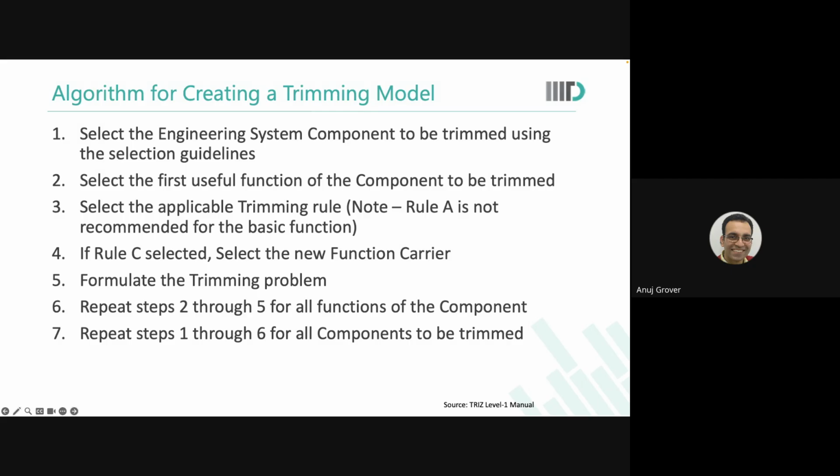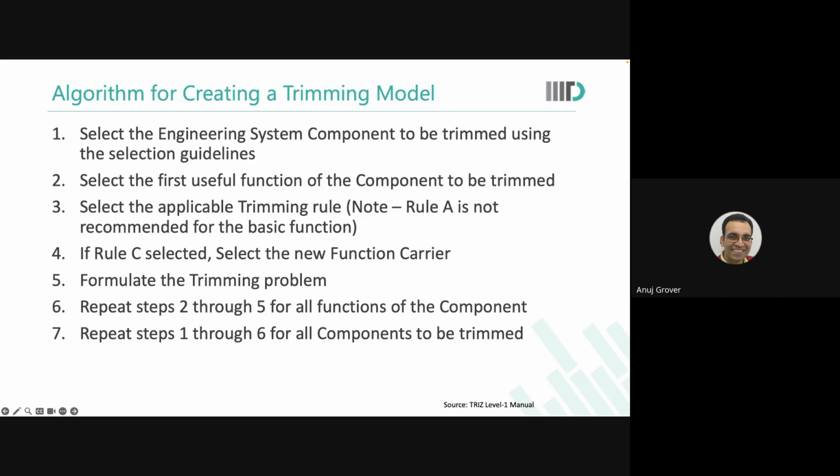Rule A means the object has to be removed. Now, basic function is about the target. Target you can't remove. Target is the reason for which the entire system existed. So if one of the functions of the component that you have chosen is a basic function, then rule A can't be applied for that particular function. But you apply rule B and C in that sequence.